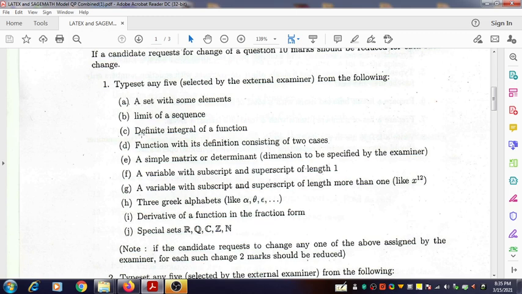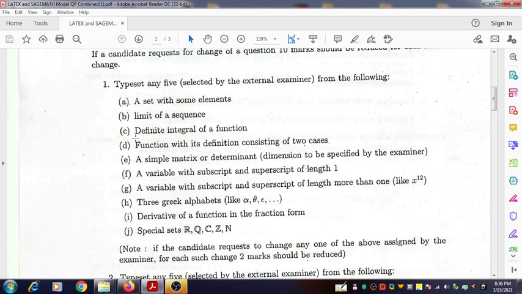The expected outcome means what the examiner is going to test is whether you know how to type the limit function and a sequence, etc.